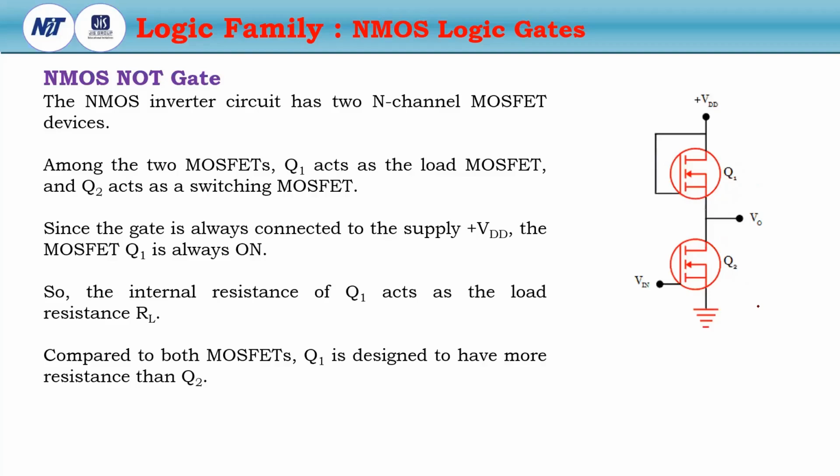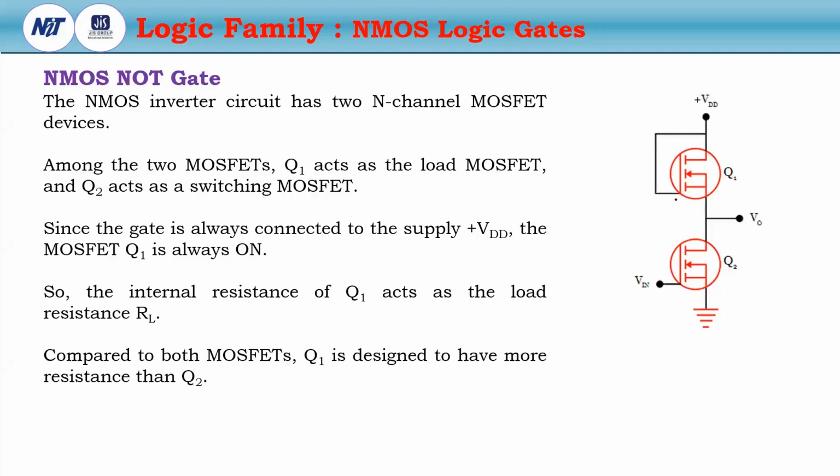Now, since the gate of Q1 is connected with the supply VDD, the MOSFET Q1 is always on, because the channel is always on between the source and the drain. And since it is a positive voltage, it is above the threshold voltage of the NMOS, so the NMOS will always be turned on. Now the question arises, how is it always turned on?